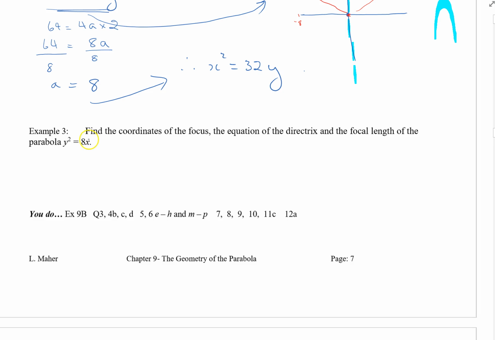Okay, so let's actually identify what we're going to do. Find, and I strongly encourage you to do this, begin your answer identifying what you're doing.